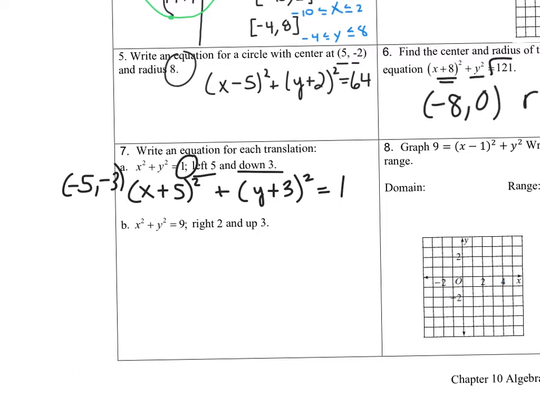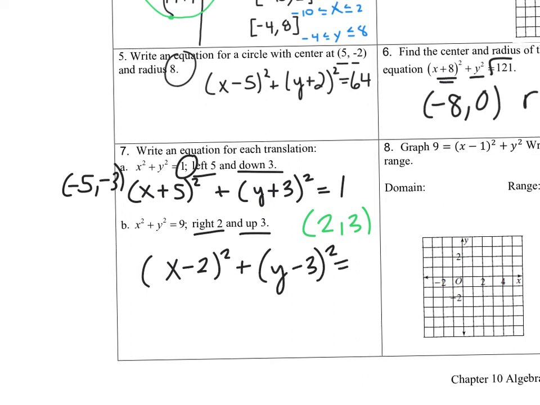And then I'm going to do right 2, up 3, so my new center is going to be at (2, 3). This is going to be (x - 2)^2 + (y - 3)^2 = 9.